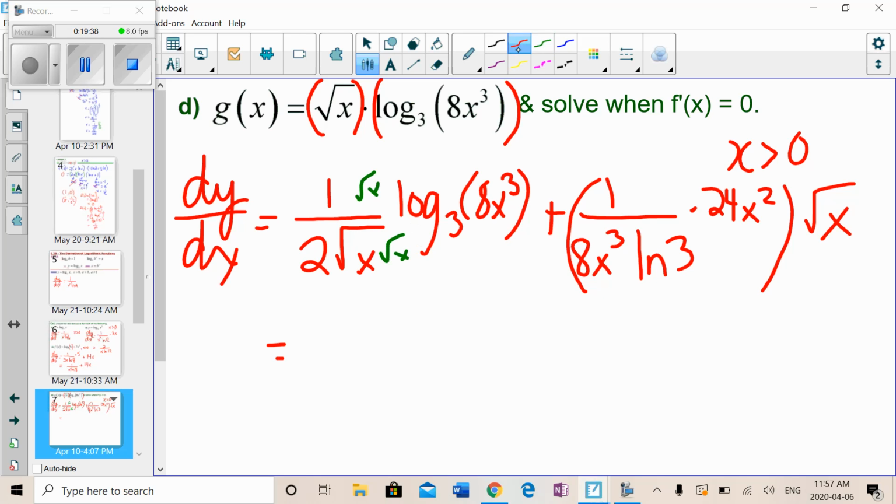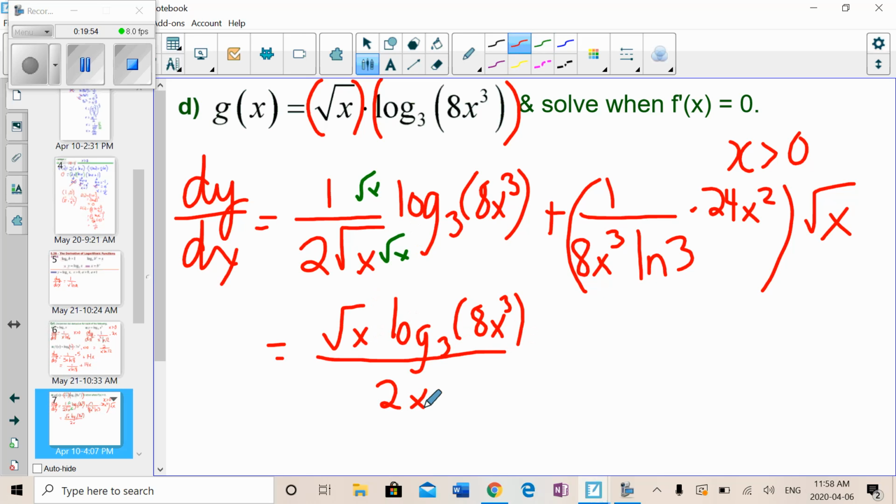So that's going to be root x log base 3 of 8x cubed over 2x, plus, so we're going to have a root x for sure. And again, the 24 and the 8, they're going to make a 3. And you're going to have an x ln 3 on the bottom. Can I put the 3 out front?